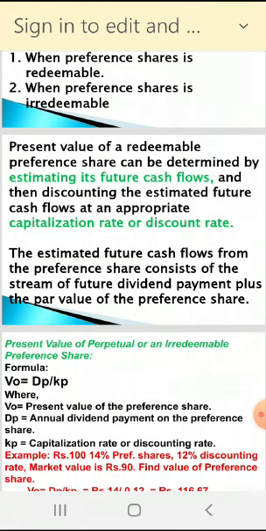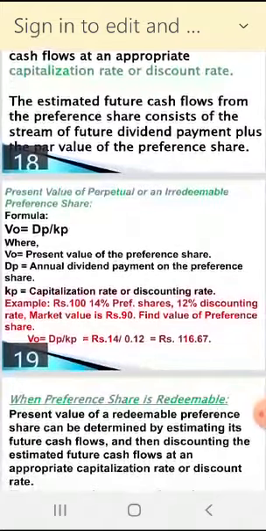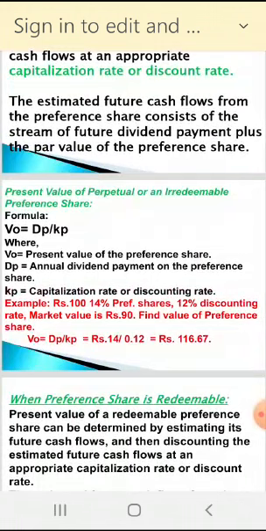But in an irredeemable preference share, or perpetual, or forever, this capital we are keeping with the company.